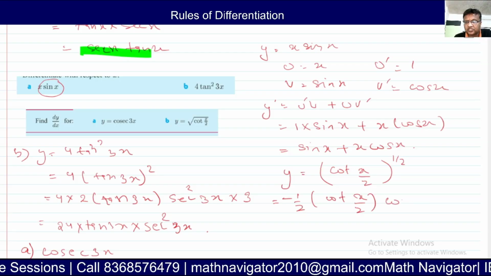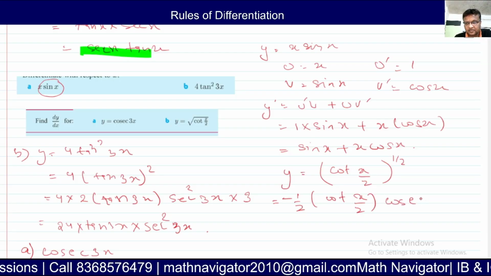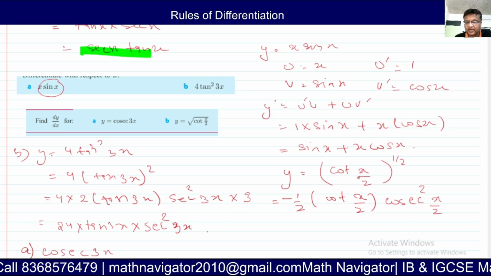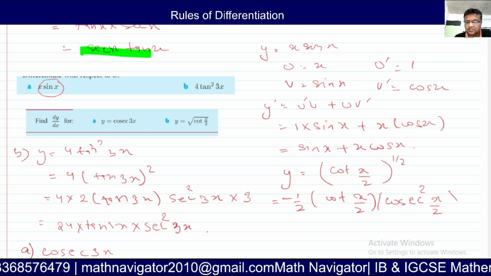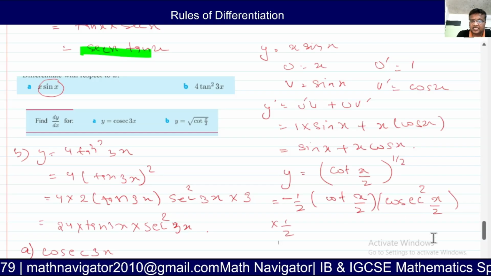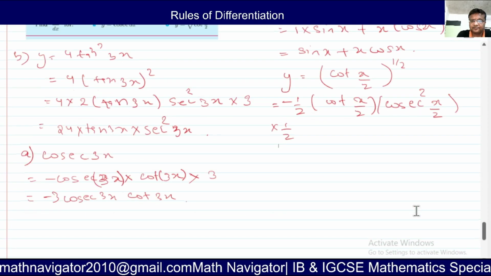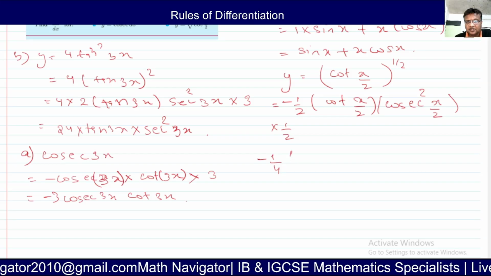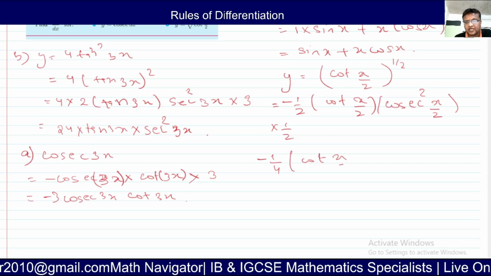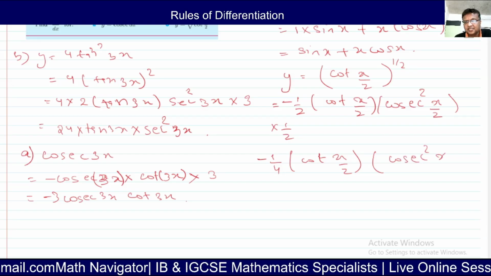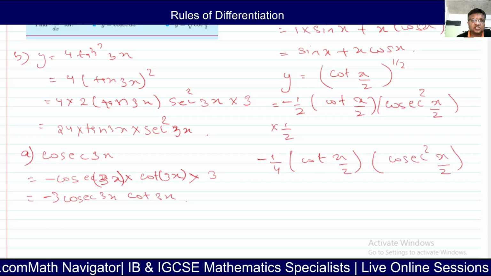Then cosec squared x by 2. Got it? Times the derivative of x by 2, which is half. So my answer finally will become negative 1 by 4 cosec squared x by 2 times cot x by 2. Right? So this is my final answer.